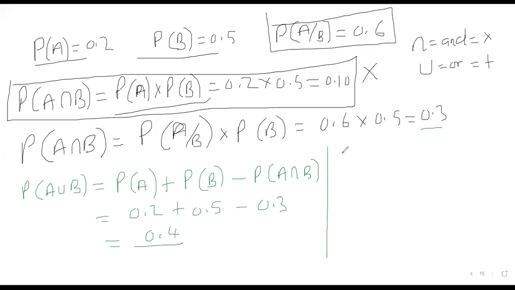Okay, please, I want everyone or anyone to at least say something. What is the complement of A? One minus probability of A. 1 minus probability of A itself, correct. 1 minus 0.2, we have 0.8.